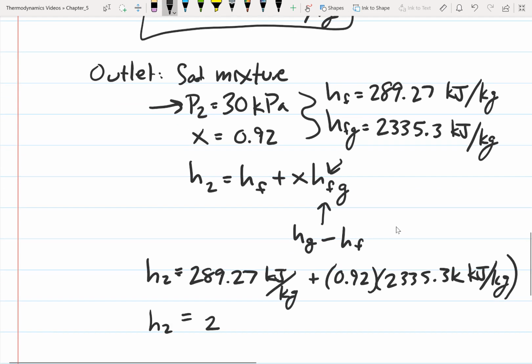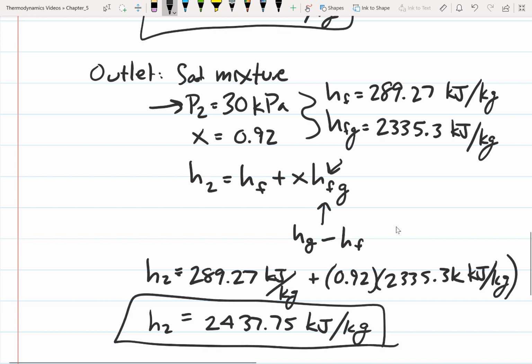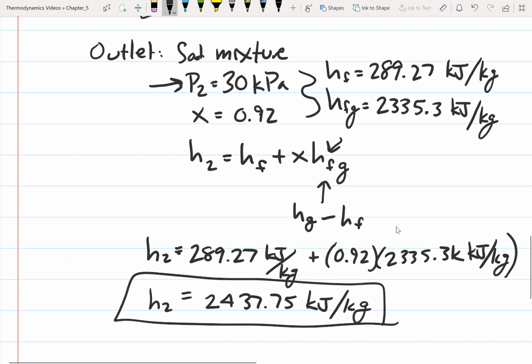So h2, the enthalpy at the outlet, is 2437.75 kilojoules per kilogram. So this is the data we need for the outlet.